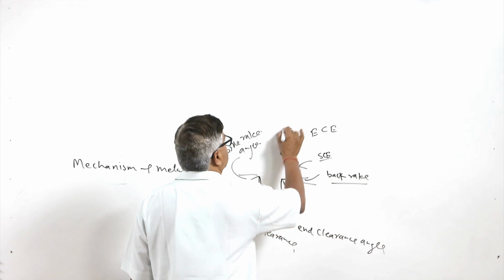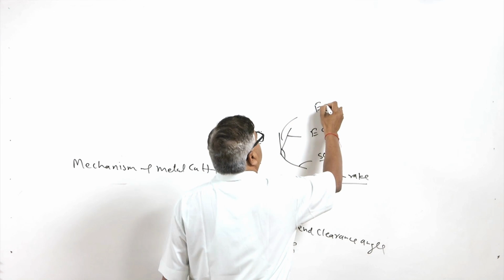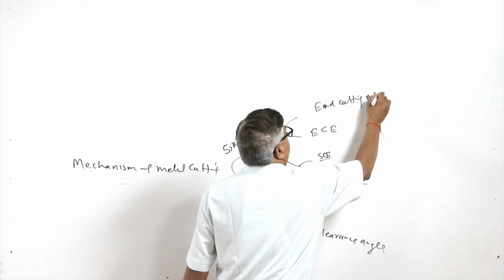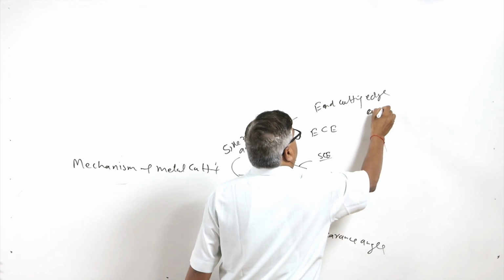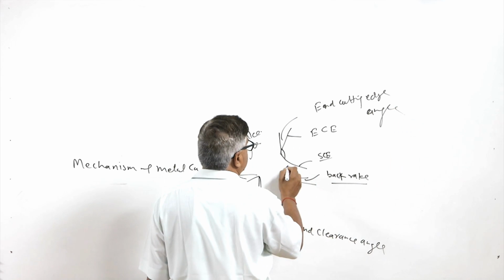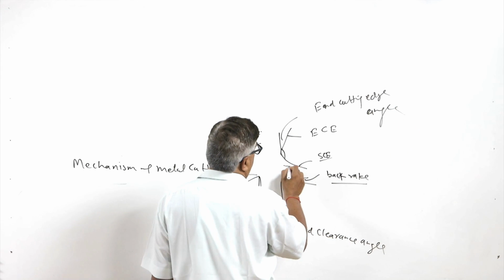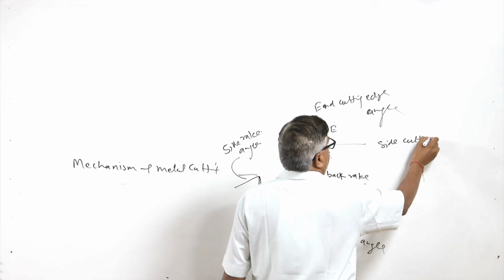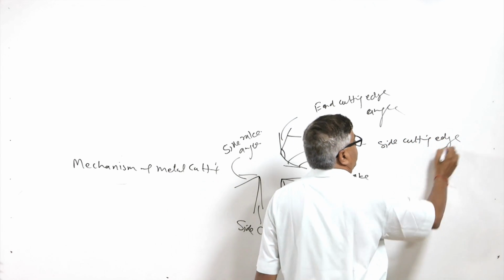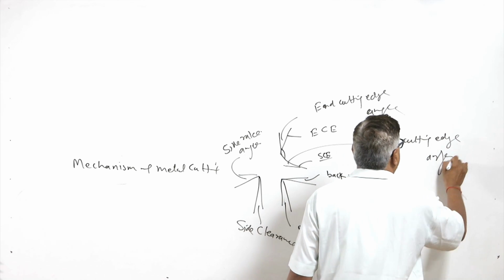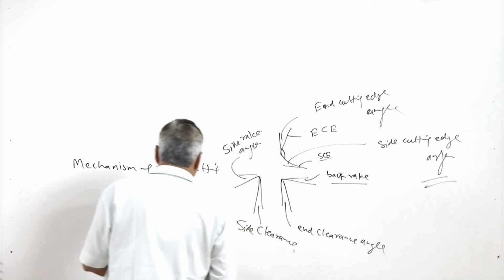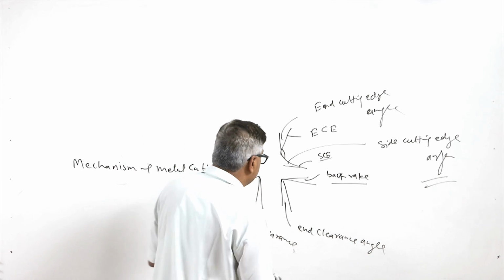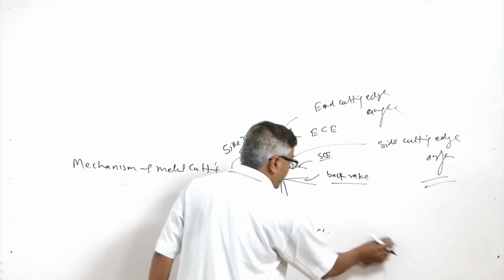This angle is termed as the end cutting edge angle, and this angle is termed as the side cutting edge angle. So, all these angles of the single point tool are seen when the tool is viewed from the different directions.